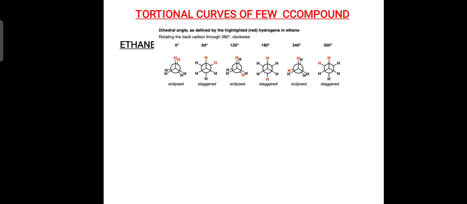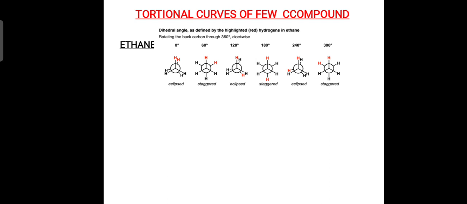So rotation about the carbon-carbon single bond in the ethane molecule can give various conformers. In these structures, when two hydrogen atoms completely overlap with each other, it is called the eclipsed structure.